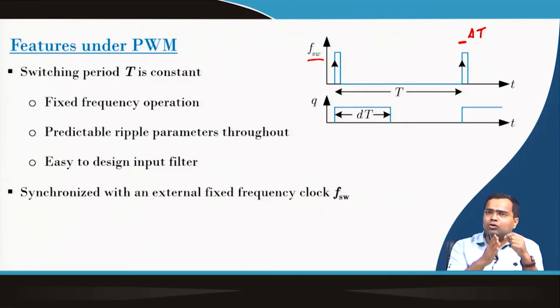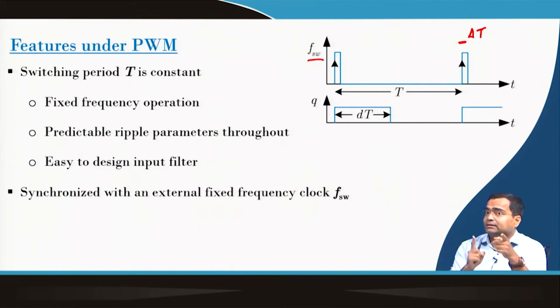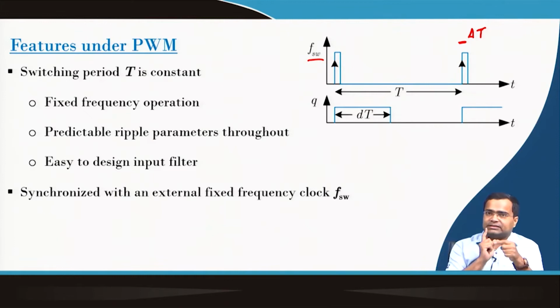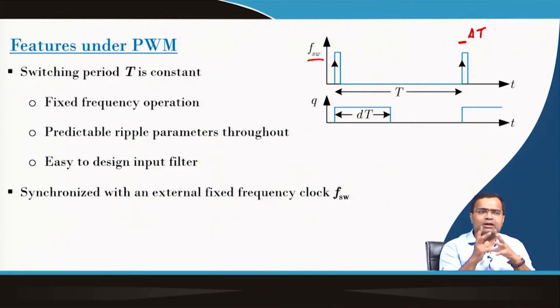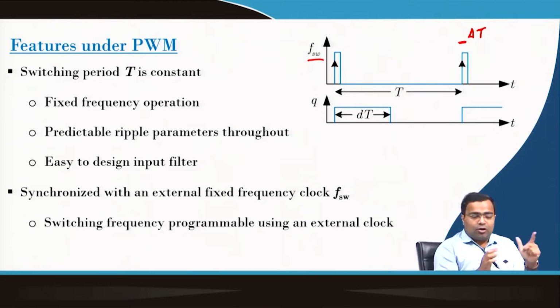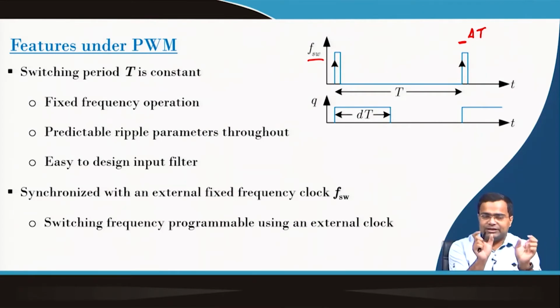We can use a common clock to synchronize many converters. In such cases, the switching frequency can be directly the external clock, the synchronization clock, or it can be derived from the external clock, because we want some kind of synchronism between multiple converters. Also, the switching frequency is programmable. I mean, we can predefine that we need this much frequency.